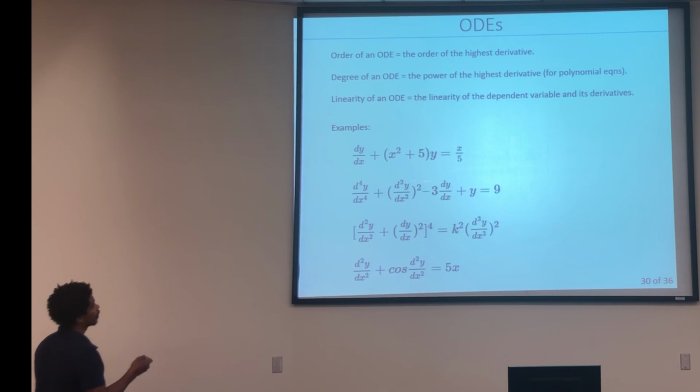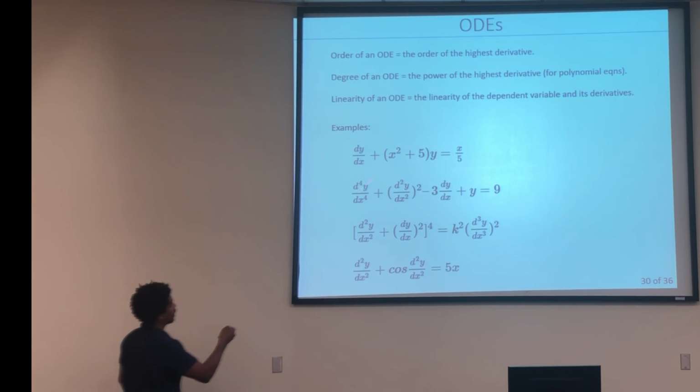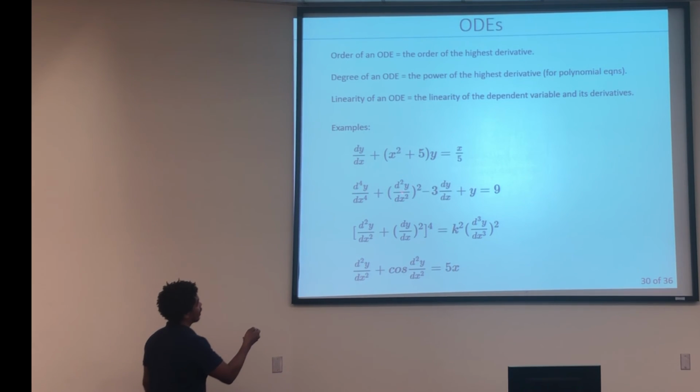What's the order? Yeah, 4. The highest derivative right here is 4. This doesn't really count, because it is raised to the second power. If that term wasn't there, then the highest derivative would be 2, so the order would be 2.